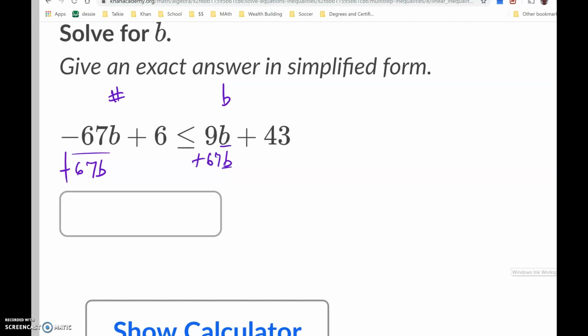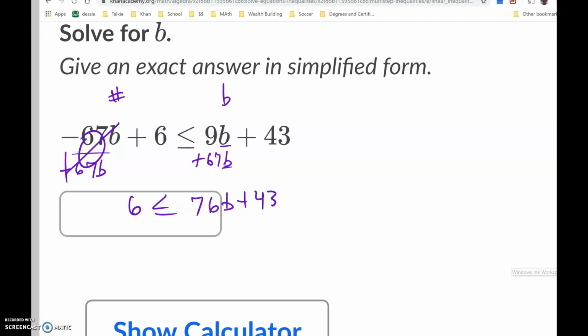They have b's, so this simplifies to 0. And 0 plus 6 is the same thing as 6 because of the additive identity. And we keep the sign the same. We got 9 plus 67, counting up with my fingers, 76b plus 43.